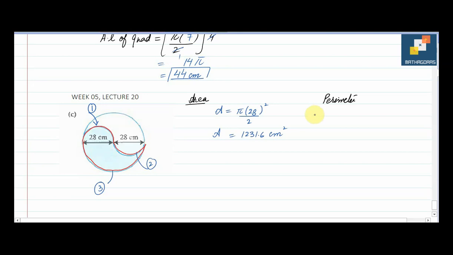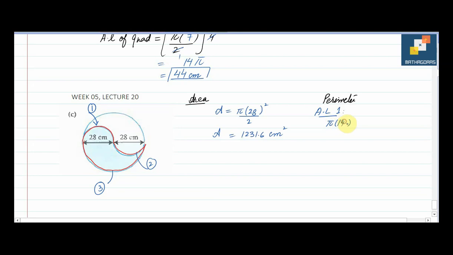Now first I am going to find arc length 1, this one. This shape is basically a semicircle. The arc length is pi r, and the value of radius is not 28. 28 is the diameter of this smallest semicircle, so its radius will be 14.